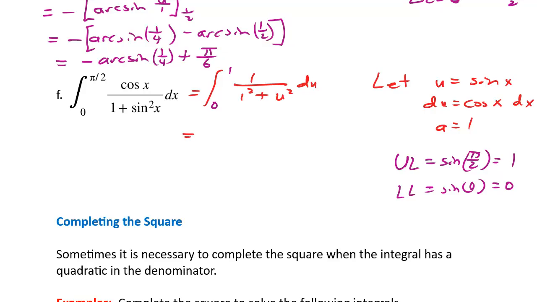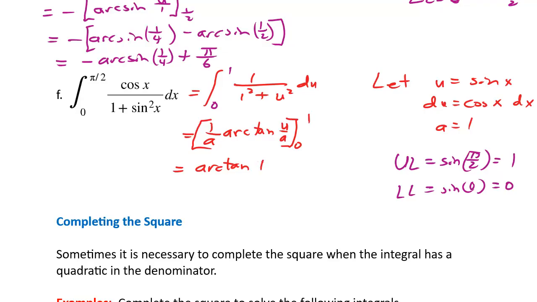All right, so let's see. This is going to be 1 over a arctangent of u over a from 0 to 1. Okay, so 1 over a, that's just 1. So this is just going to be arctan of u, which is going to be the 1.